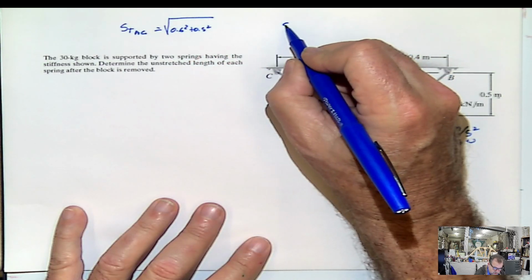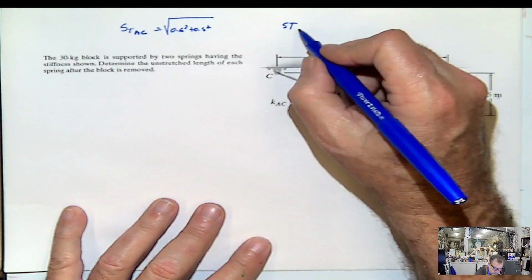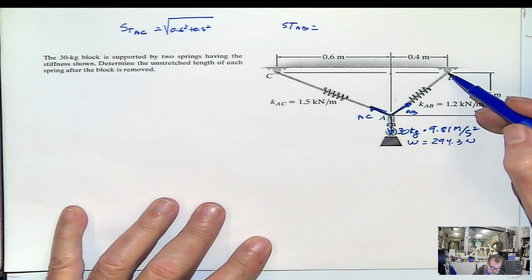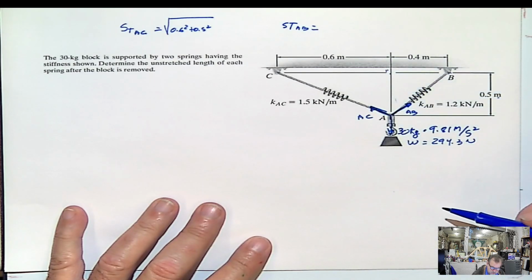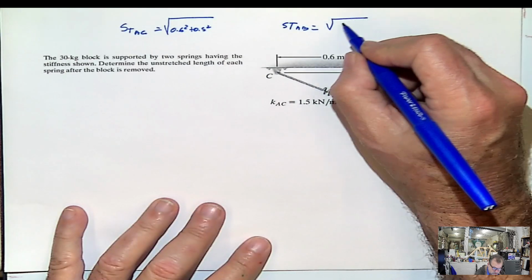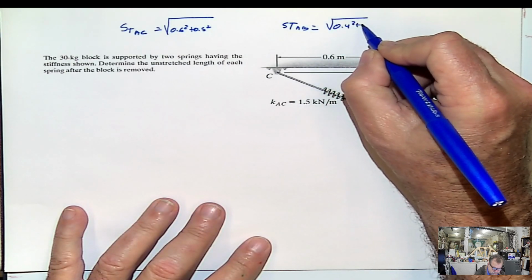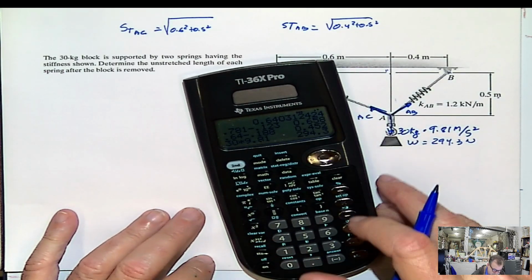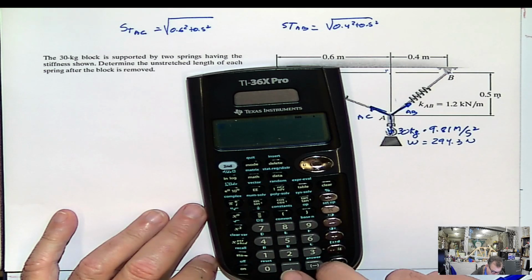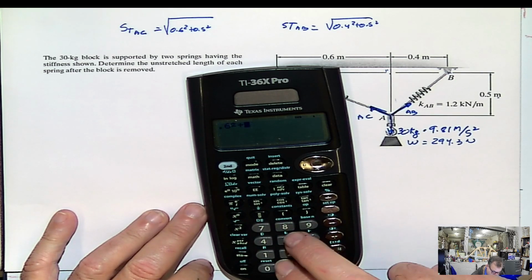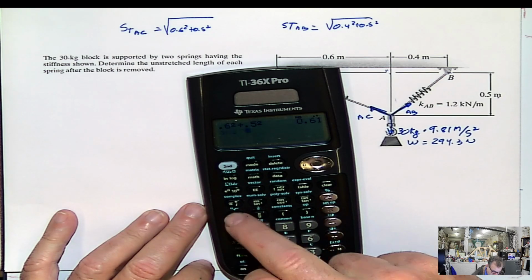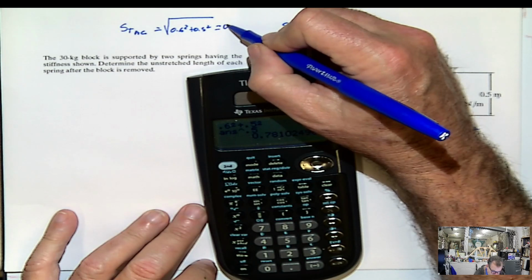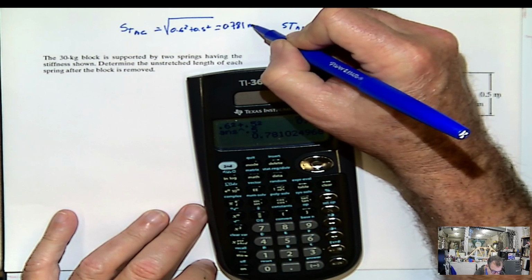And the stretch length of AB, also given by geometry, is the square root of 0.4 squared plus 0.5 squared. How much is this and how much is that? Let's check that out. 0.6 squared plus 0.5 squared elevated to the 0.5 for the square root is going to be 0.781 meters.